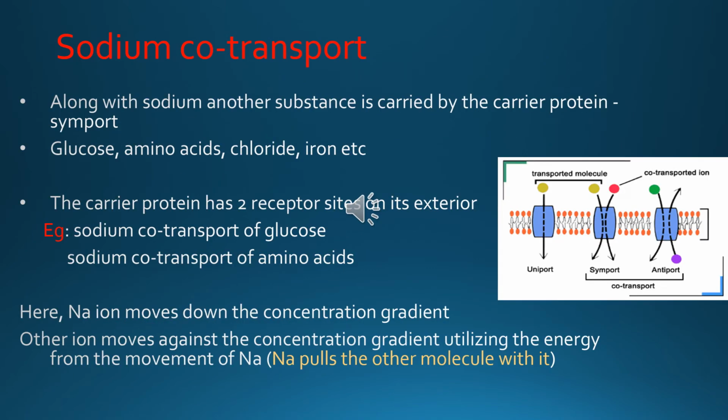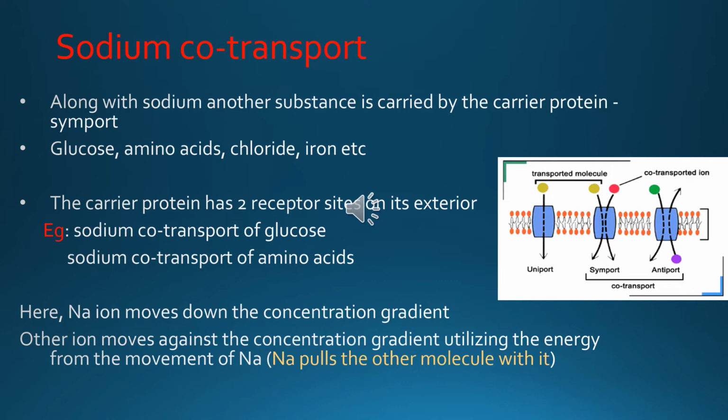So in sodium co-transport, along with the transport of sodium ion, another substance is also carried by the same carrier protein in the same direction. Substances usually carried along with sodium are glucose, amino acids, chlorides, etc.